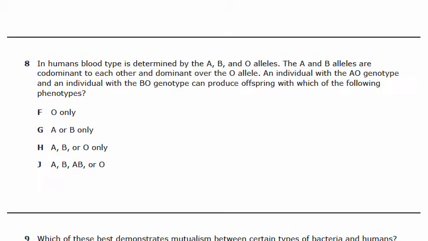Number 8. In humans, blood type is determined by the A, B, and O alleles. The A and B alleles are co-dominant to each other and dominant over the O allele. An individual with the AO genotype and an individual with the BO genotype can produce offspring with which of the following phenotypes?